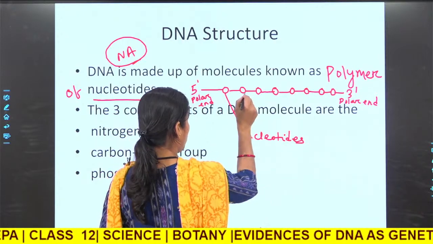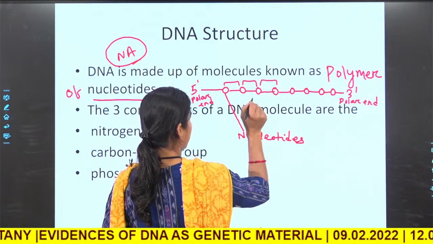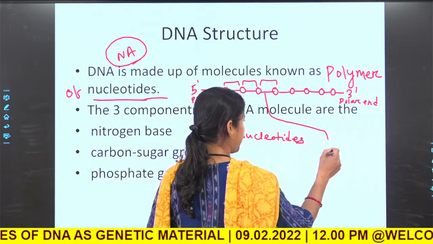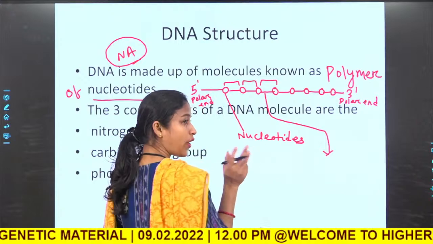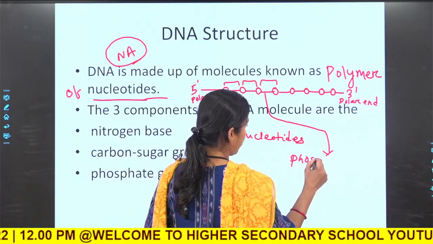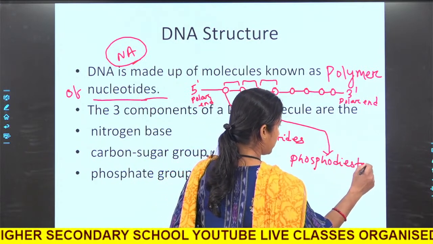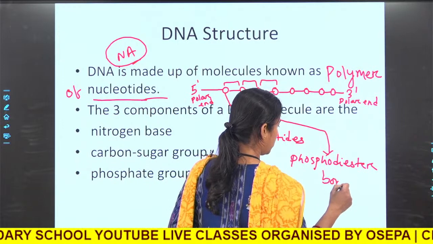Two consecutive nucleotides are joined together by a bond known as a phosphodiester bond.